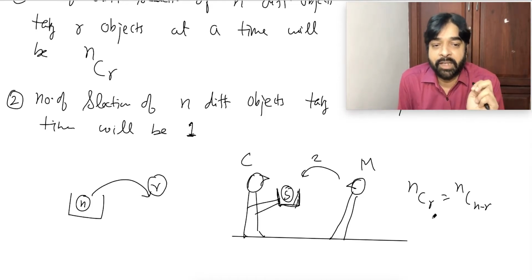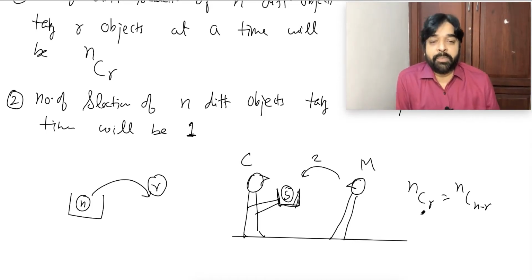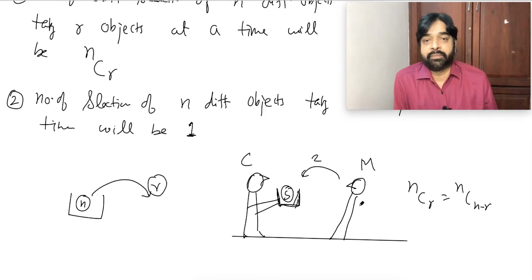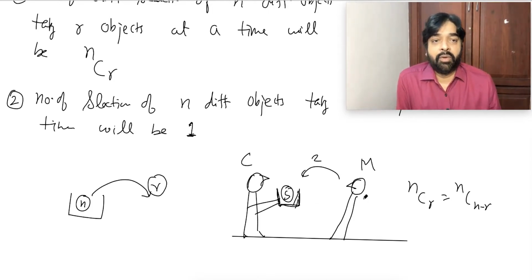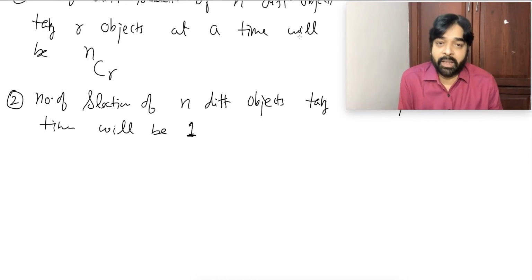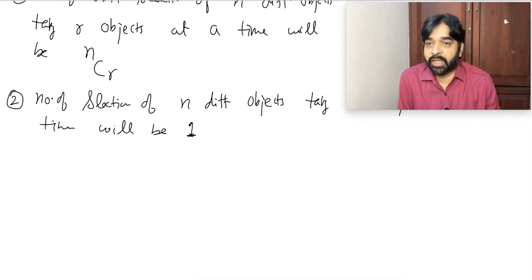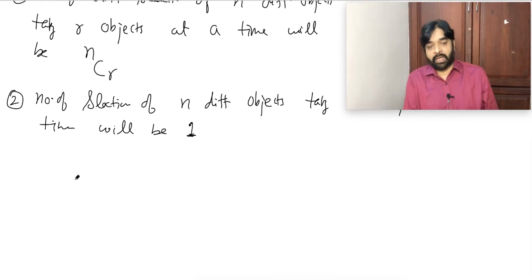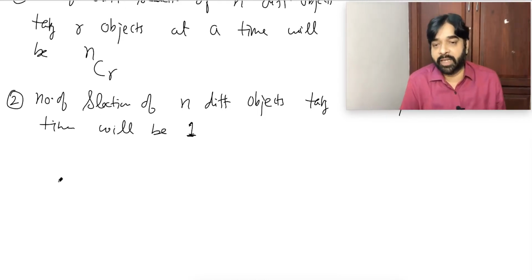This point comes because of this reason only. I hope it's clear to all of you. Whatever properties we see in permutation and combination all have a logical proof, and the logical proof is much easier if you understand properly.